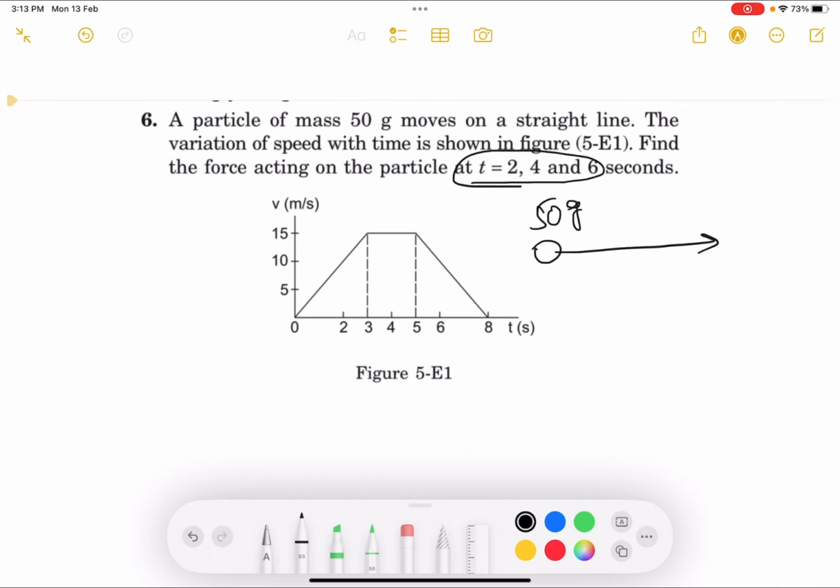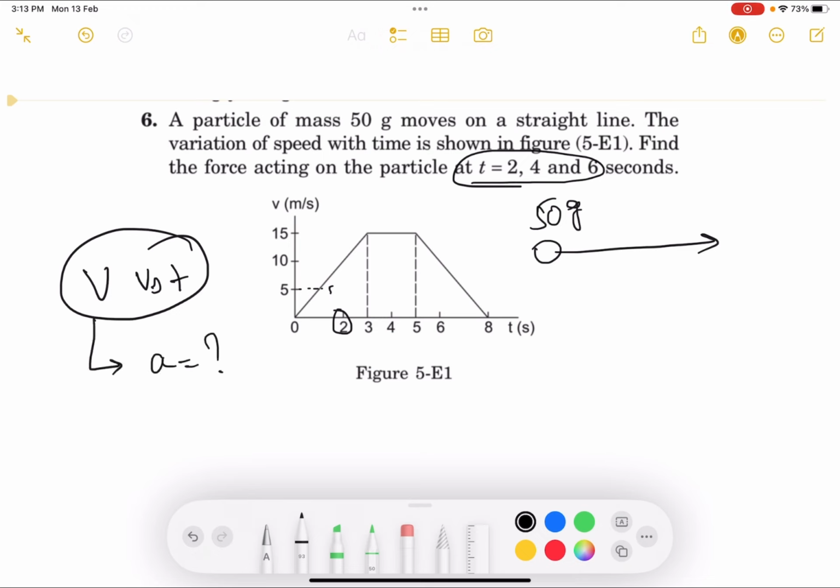So at 2 seconds, the velocity is 5. Which means that basically we have the velocity versus time graph. And in a velocity versus time graph, what is the acceleration? Acceleration is basically the slope of the graph. So at t is equal to 2 seconds, what is the slope of this graph?